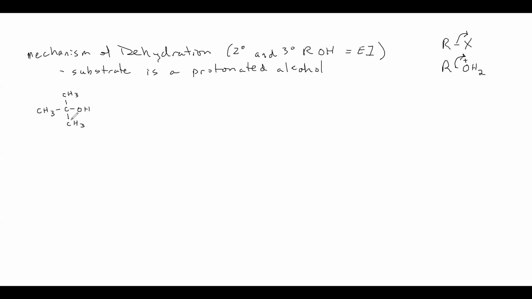But tert-butyl is a pretty common name, so we call this just tert-butanol. So tertiary alcohol, typical conditions would be dilute acid, and we will form 2-methylpropene as a product.